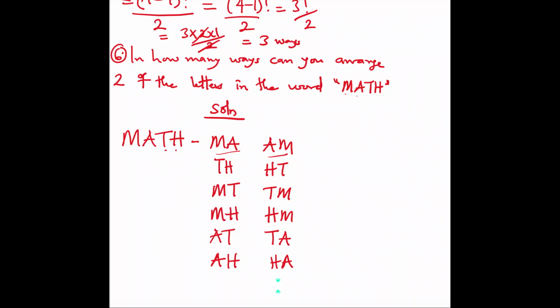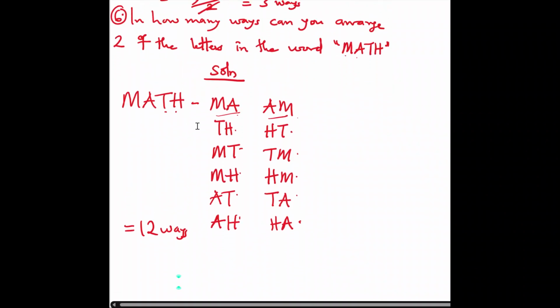So now in this case the order matters, because as we're trying to arrange the two letter words, this pair of two letter words is different from this other pair, even though they have the same type of letter, because the order in the way they are written matters. And that's why we have 12 different ways. So 1, 2, 3, 4, 5, 6, 7, 8, 9, 10, 11, 12. So because the order matters, we can write it in 12 different ways.